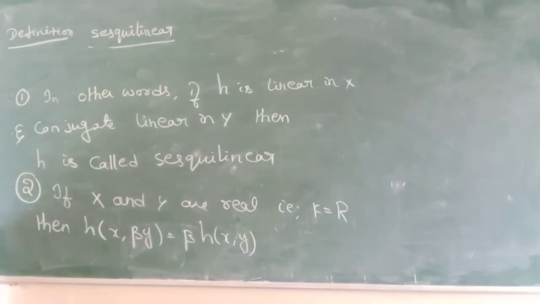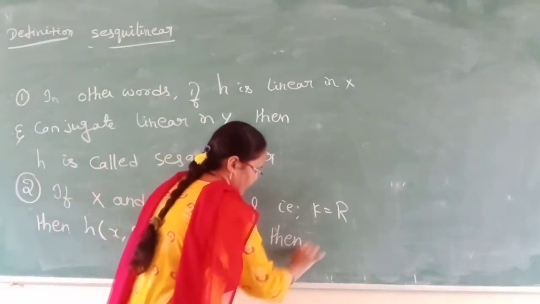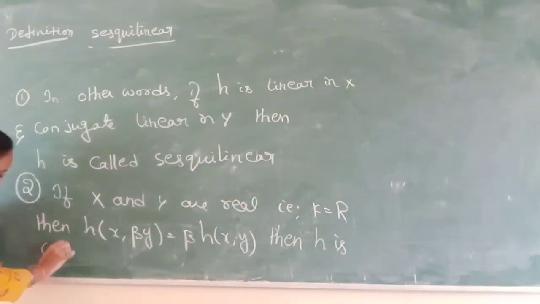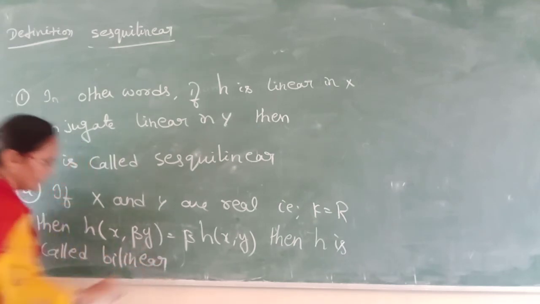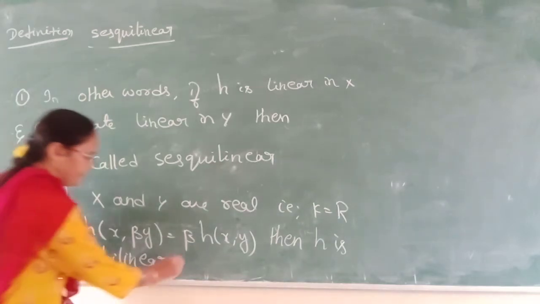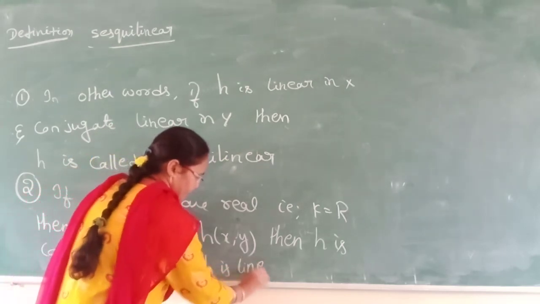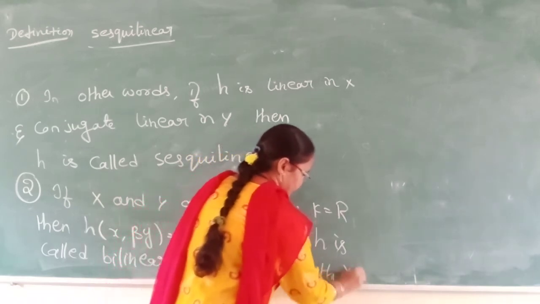then h is called bilinear. Meaning to say both the spaces are real spaces and satisfying one extra property. Why is it bilinear? Since h is linear in both x and y.